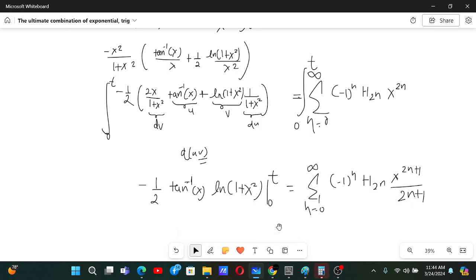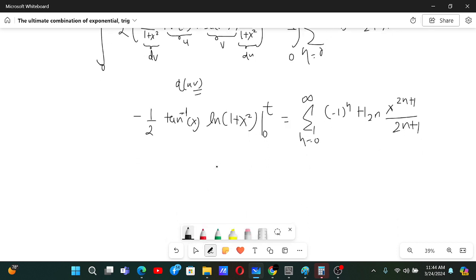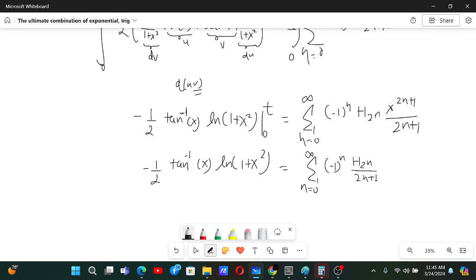And over here we get just minus 1 by 2 tan inverse x ln of 1 plus x square, evaluated at 0. This is 0, and so this is the expression. But again, this is also not the thing that we want. What we want is the case when x equals 1.